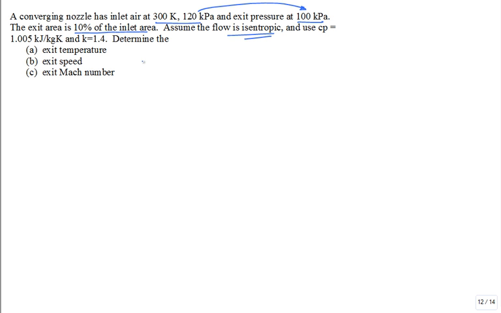Just like I used that P2 over P1 to the K minus 1 over K is T2 over T1. That's the constant specific heat relationship. And you can calculate the exit temperature using this equation. True? And then you can calculate the exit speed. You go back to conservation of energy.